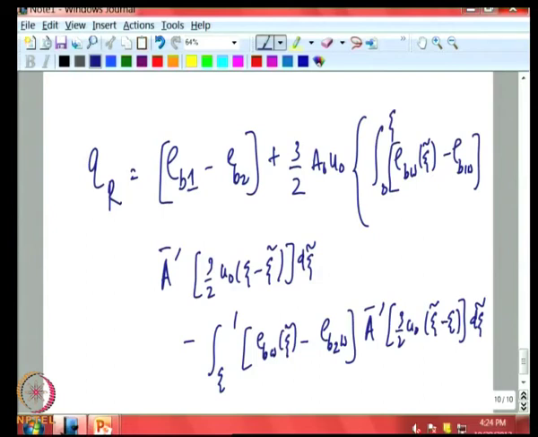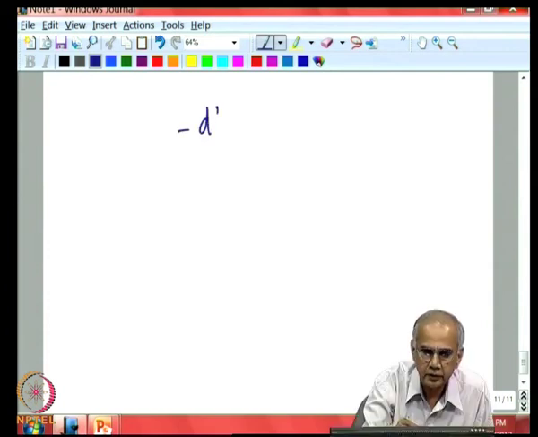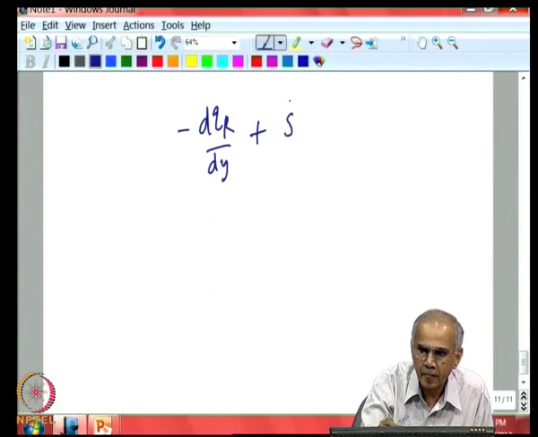And now, let us see how this equation can be solved. If you want to solve this equation, let us take a very simple example just to illustrate. Suppose you have a heat source, which we have done earlier. So, minus dQr/dy plus a heat source equal to 0.